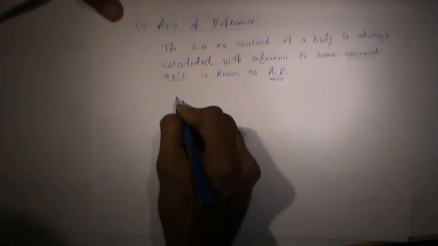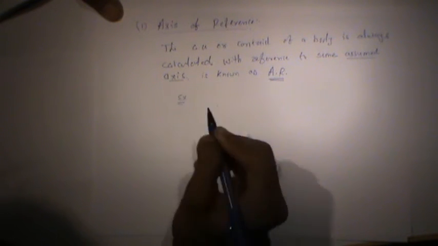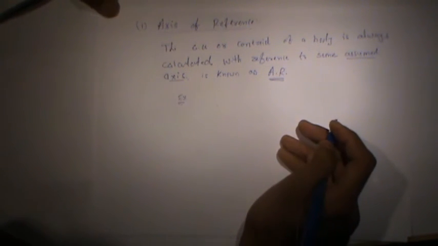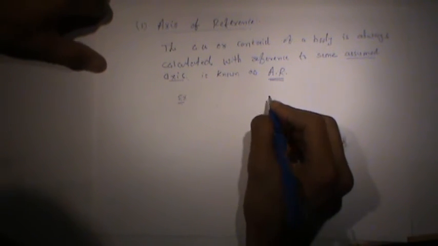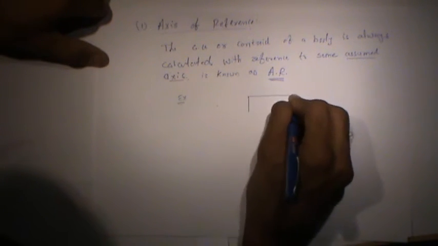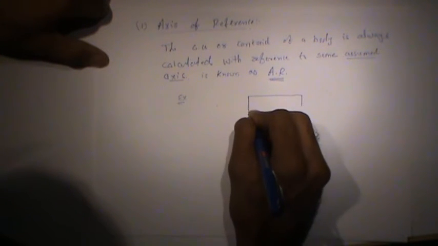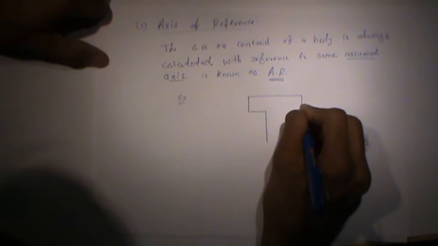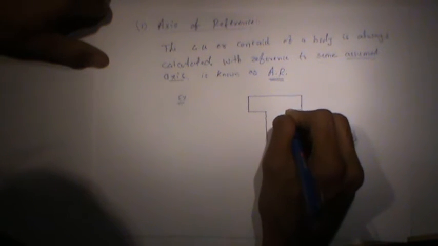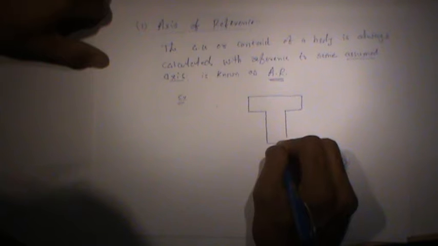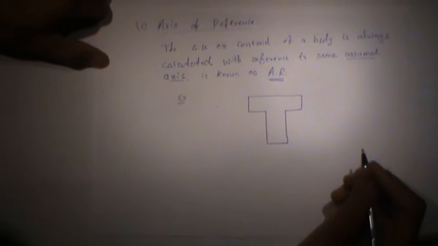As a friend, we take an example to know the philosophy behind this axis of reference. Let me take a T section. Suppose we have one T section.